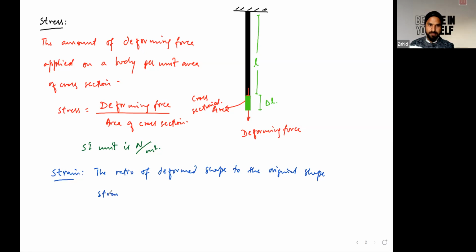So strain equals deformed shape divided by original shape. As in this part, we have deformation as delta L and the original shape of this body is L. Both are measured in terms of length, that is in meter. So if you take the ratio of these two terms, it will be a unitless quantity. So you can say strain is a unitless quantity.